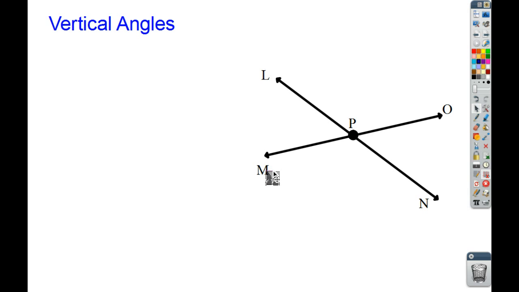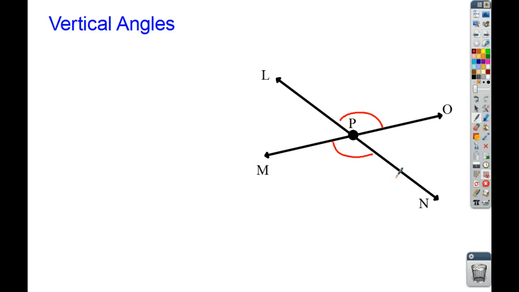So what I'm going to say is the opposite angles, the ones that are across from each other, like this angle and this angle, these are vertical. And vertical angles are equal to each other. They're across from each other, and they are equal to each other. And that should sort of make sense. It sort of looks the same, and there's a whole system of ways that we can prove it using geometry. We're not going to bother with that right now.